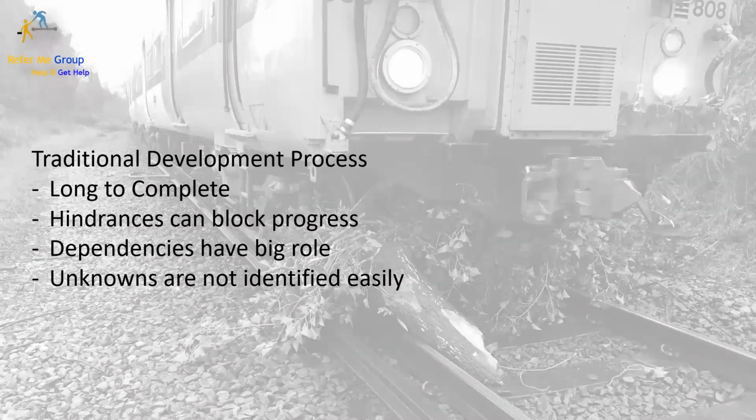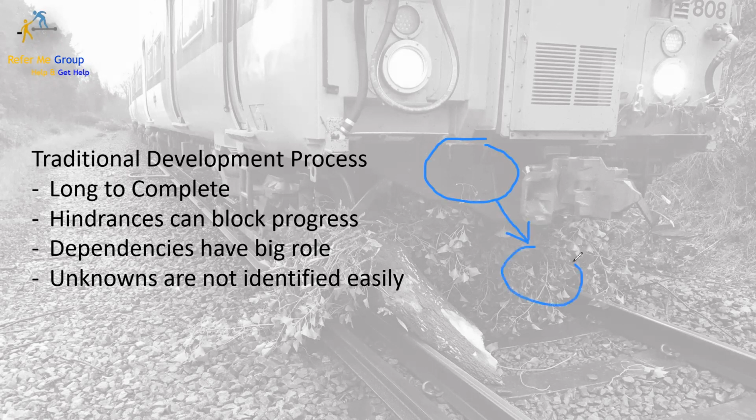Also, if there is any hindrance, because what was happening, let me just draw something here, the phases were going in a sequence, right? This one, and this one: requirement, then design, then coding.